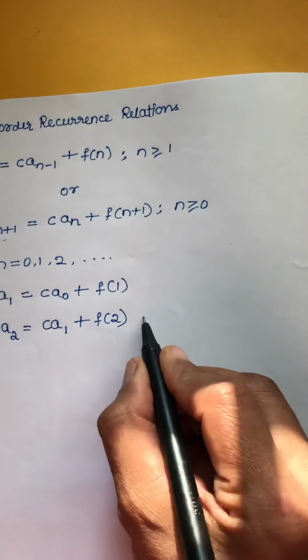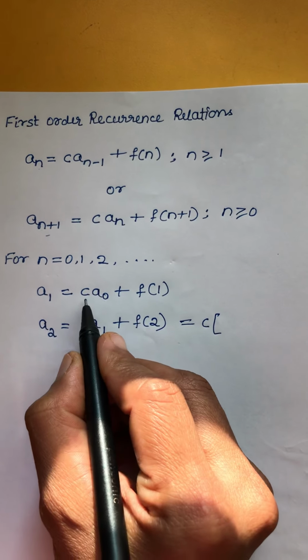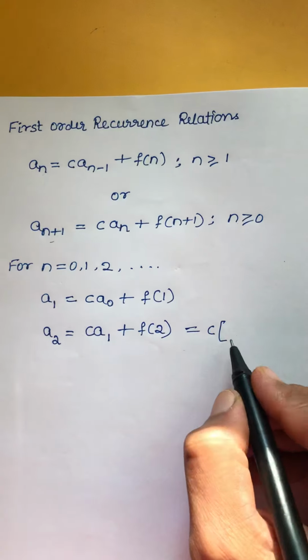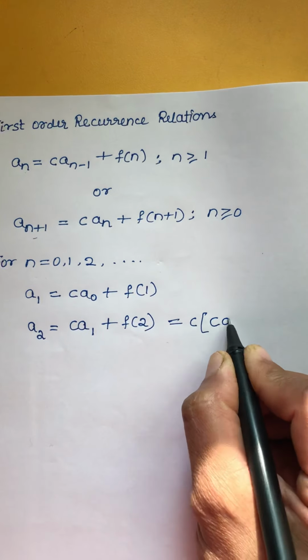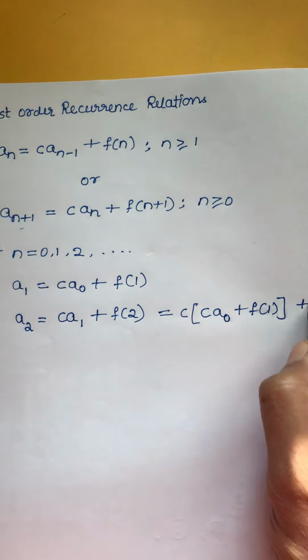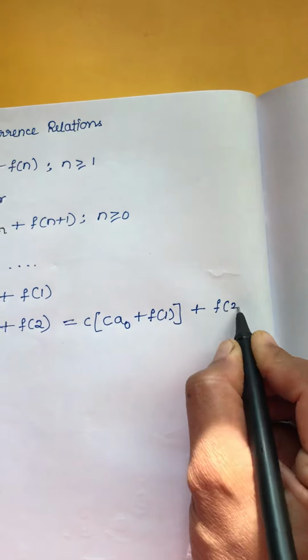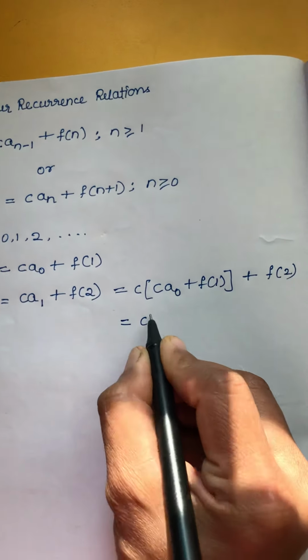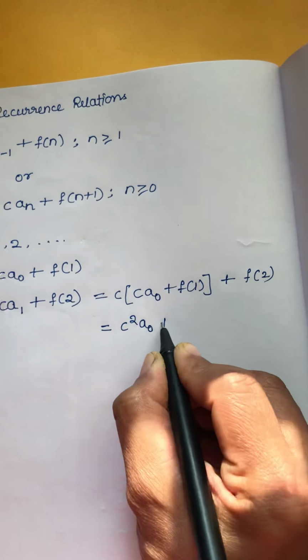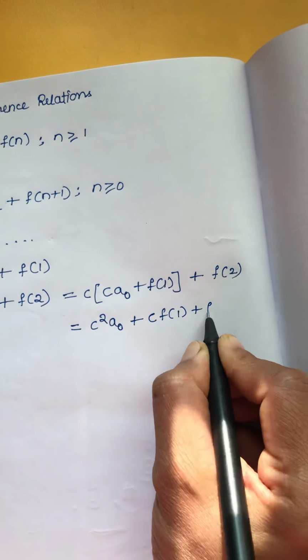But what is a_1? We have seen above a_1 = c a_0 + f(1). Substitute this and write f(2) as it is. So this is c^2 a_0 + c f(1) + f(2).